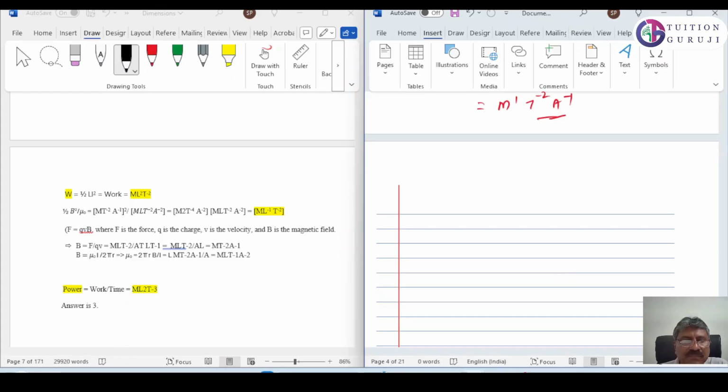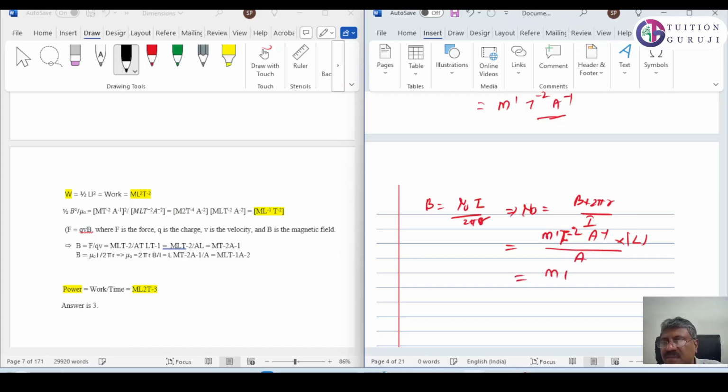We know B is equal to mu 0 I divided by 2 pi r, which implies mu 0 is equal to B into 2 pi r divided by I. B we already got, M raised to 1 T raised to minus 2 A raised to minus 1, into r, which is L. 2 pi is a constant, so it has no dimensions. L divided by I is L by A.